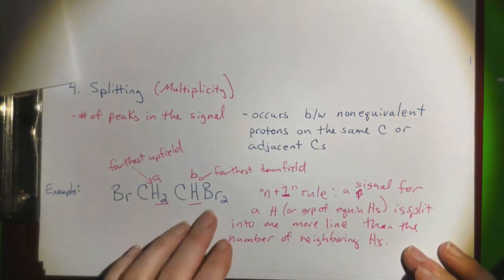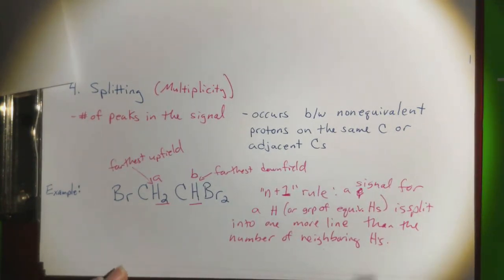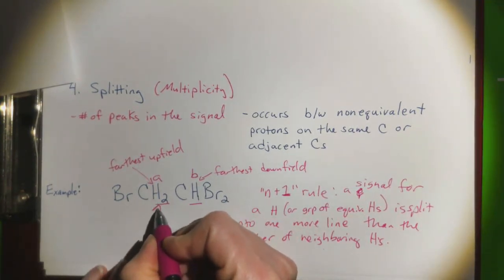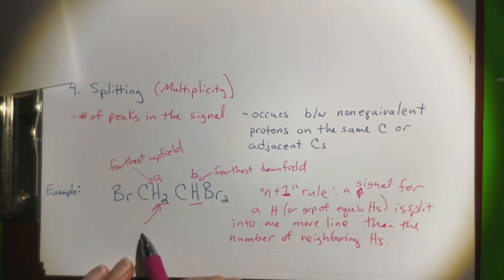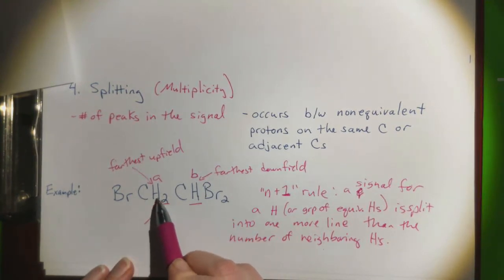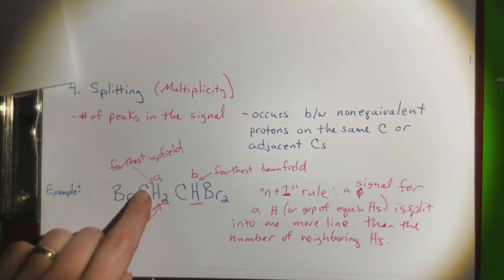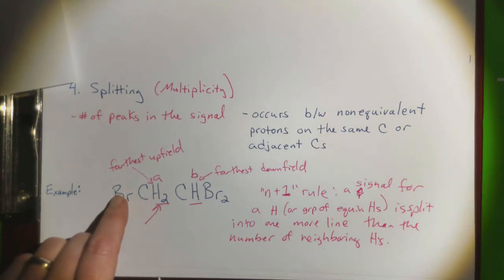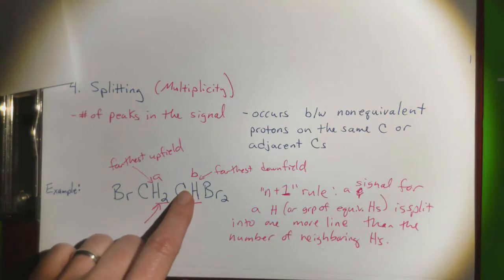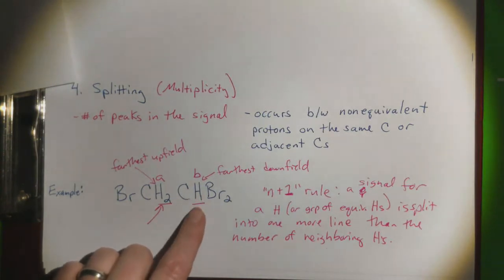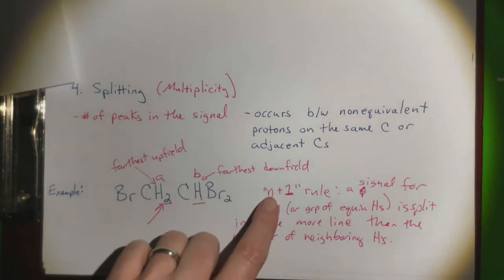So let's try this on an alkyl halide here. We want to predict the multiplicity of the signal that these 2 protons produce. To do that, we go next door. This doesn't have any protons on it, but here we have protons next door. There's just 1, so that's our n.